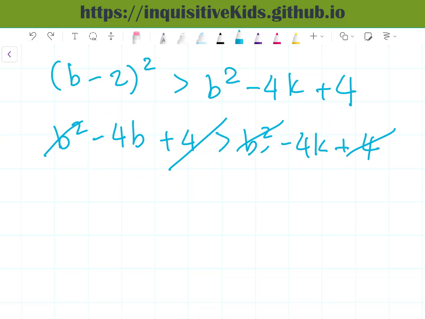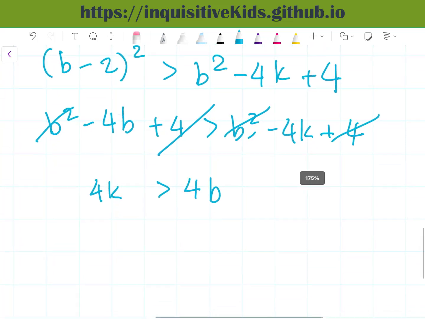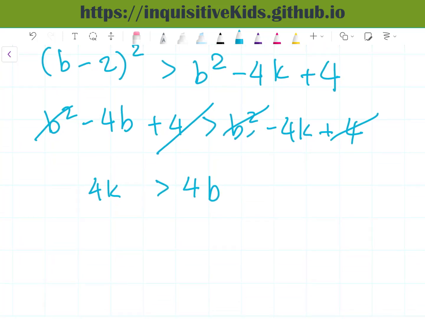Is it true that negative 4b is greater than negative 4k? If we add 4k onto the left side, and we add 4b onto the right side, we end up with 4k is greater than 4b. Divide 4 on both sides, we have k is greater than b.